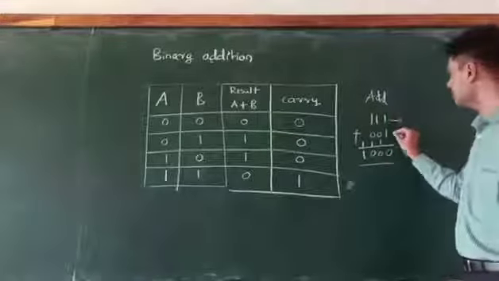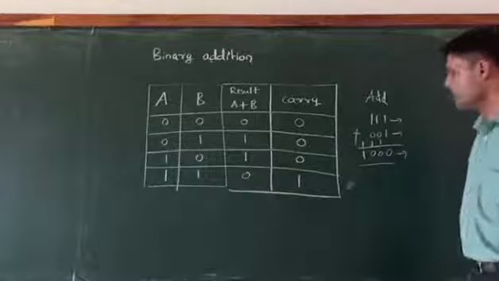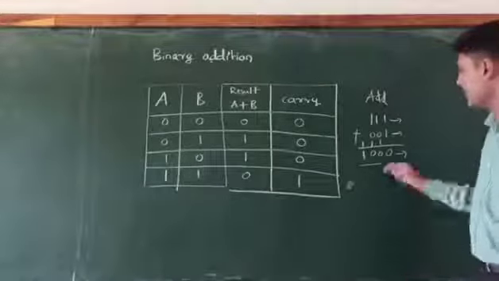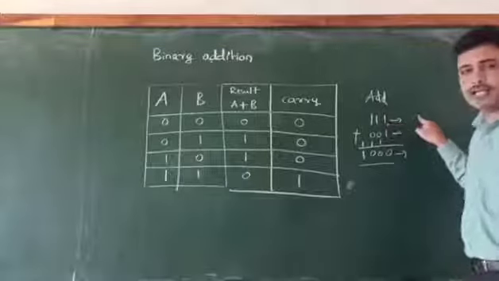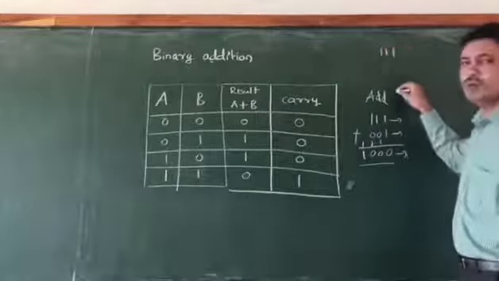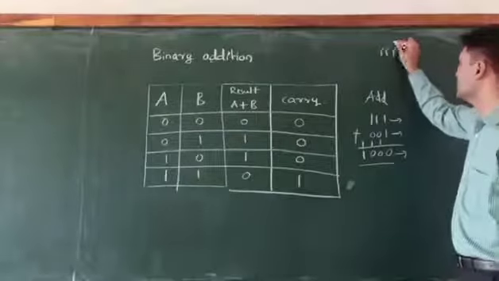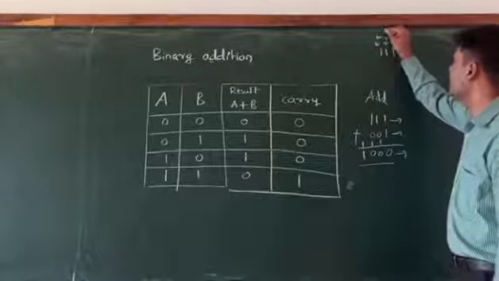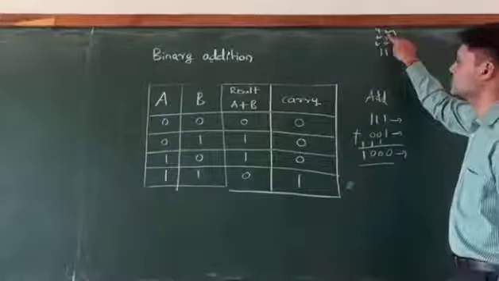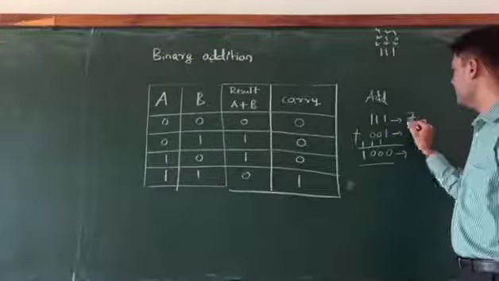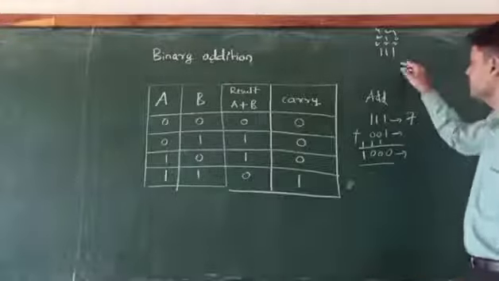You can cross check these answers. How to cross check? Convert it to decimal. That is 111. When we are converting to decimal, 2 raised to 0, 2 raised to 1, 2 raised to 2, that is 1, 2, 4. 4 plus 2 is 6, 6 plus 1 is 7. Answer will be 7 here.